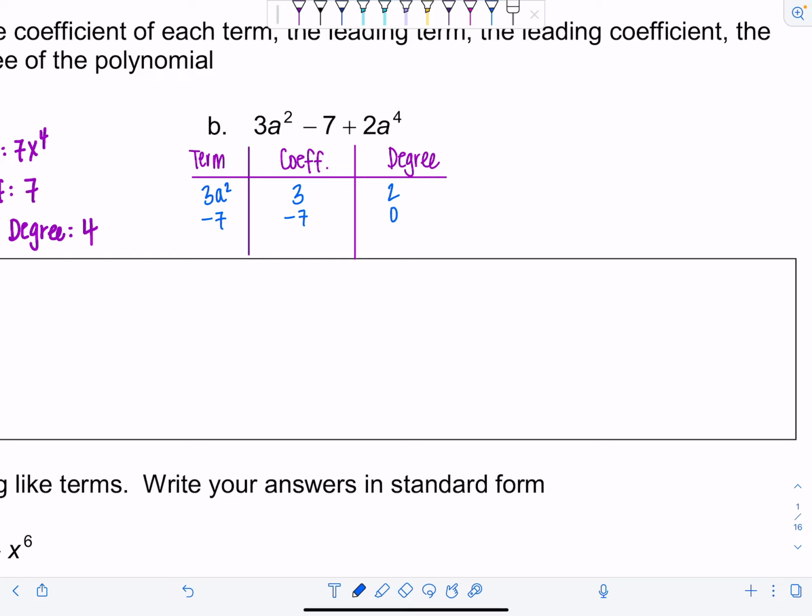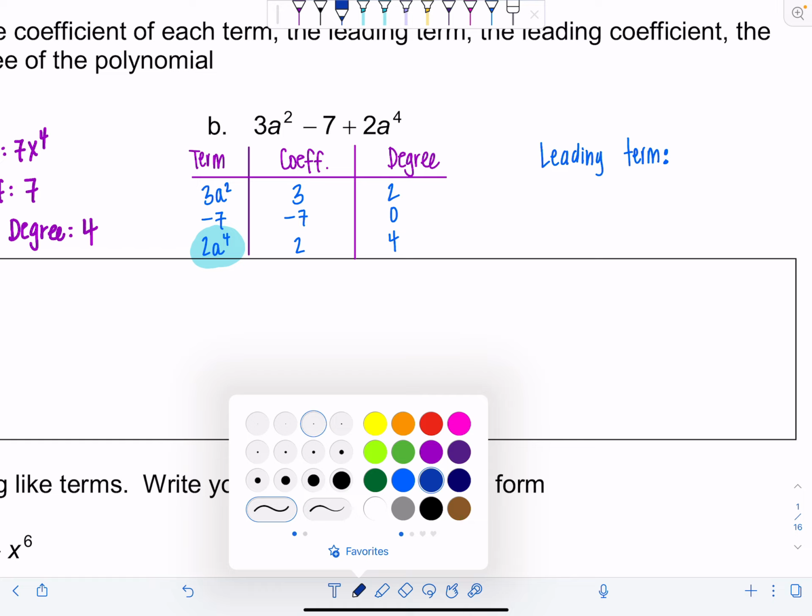Nice. And then the last one, 2a to the 4th. Coefficient on that? Yes, it's 2. Very good. And the degree is 4. Perfect. So what's the leading term? What's the term with the highest degree? Ooh, it ended up being the last one, right? So it's 2a to the 4th.